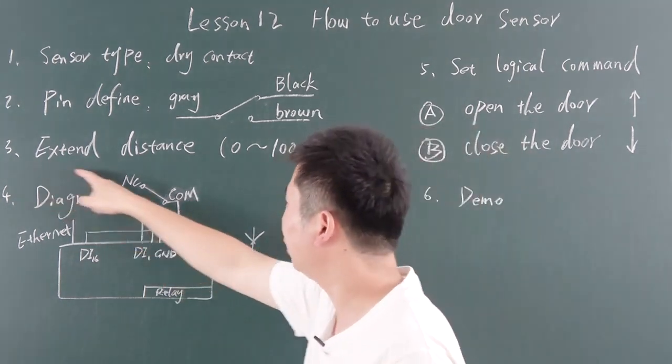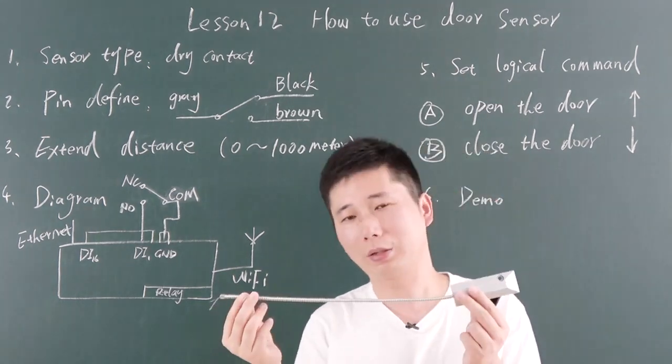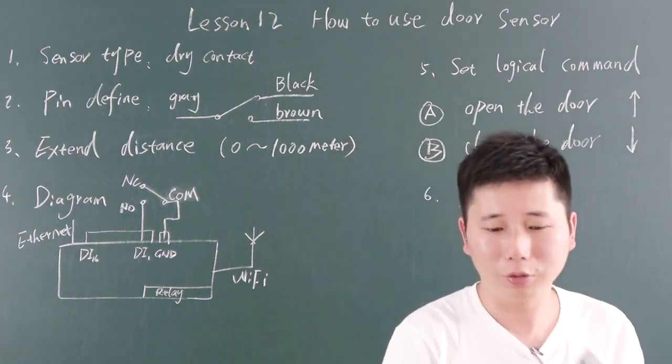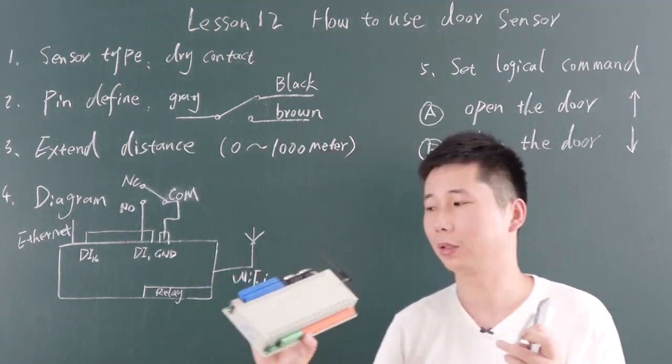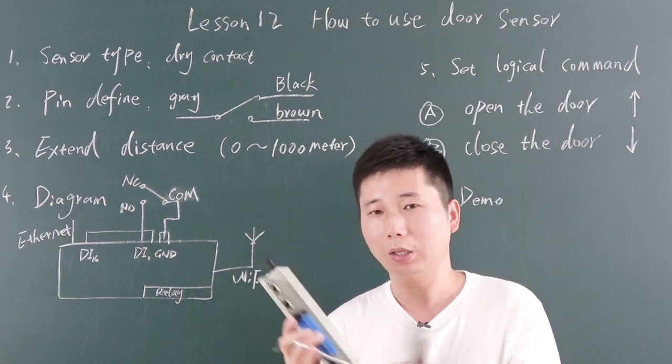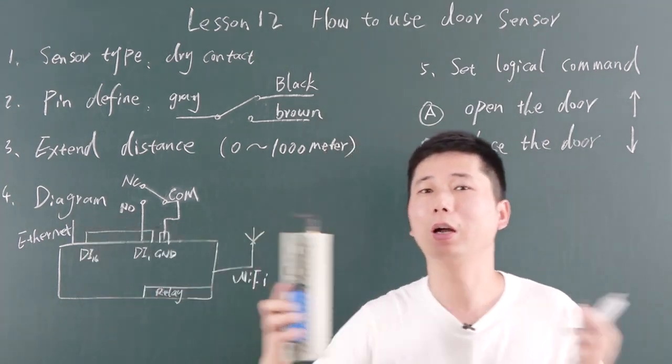And this is extending the distance. Because this door sensor's line is very short, you need to use this line to connect with our logic controller. This is for digital input, and now you need to extend the line very long.